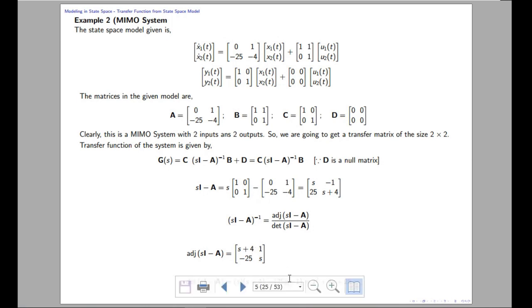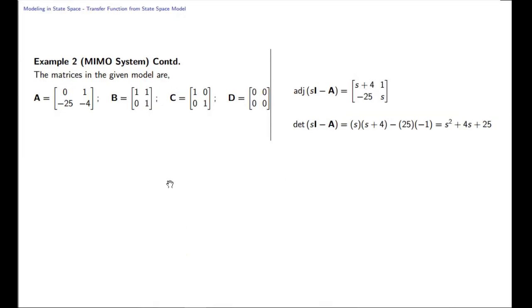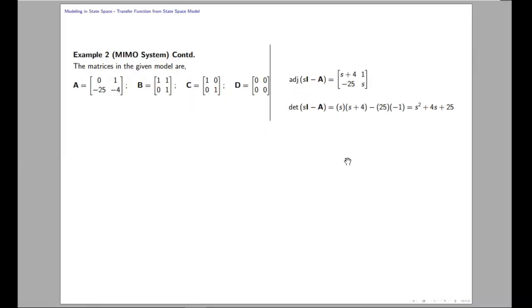And now I find the determinant of the matrix also. Both are formed. So for the given system, we found the adjoint of SI minus A as well as the determinant of SI minus A. So this is the expression.